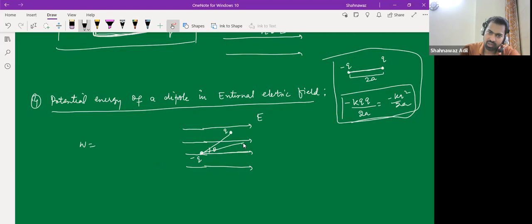So we have this theta 1 and then we have this theta 2. I will talk about theta 1, theta 2 later. But we have this Q and minus Q charge. So this is a dipole, right? This is making an angle theta with the electric field.